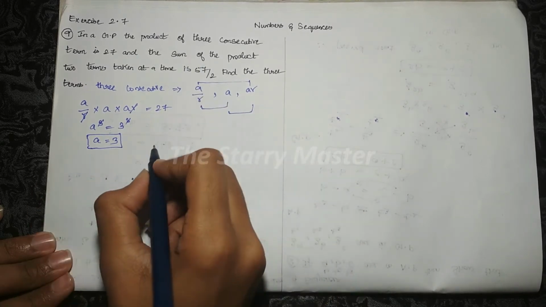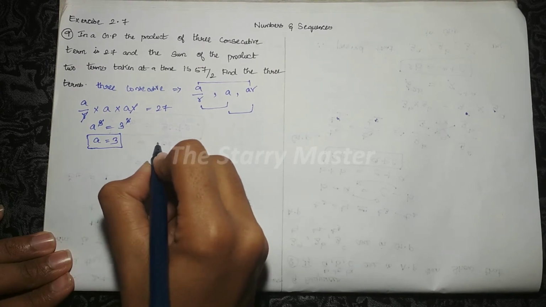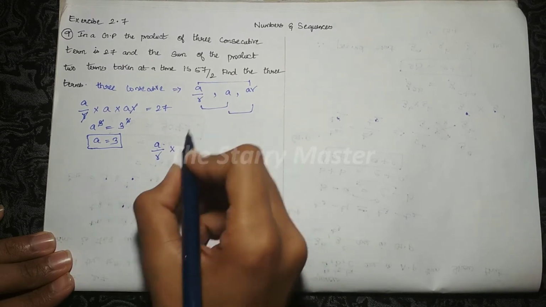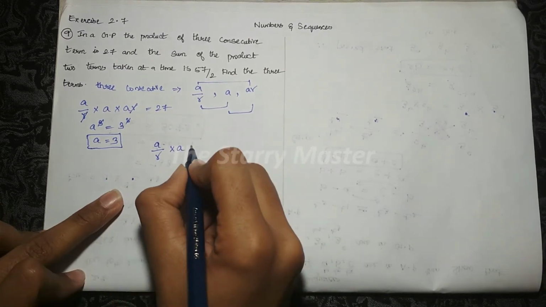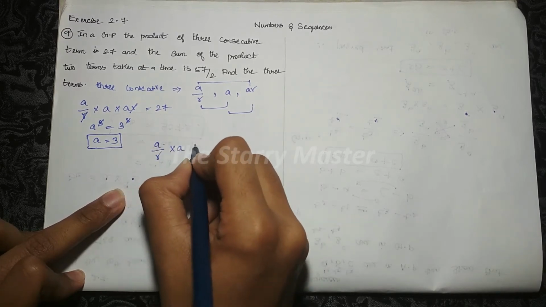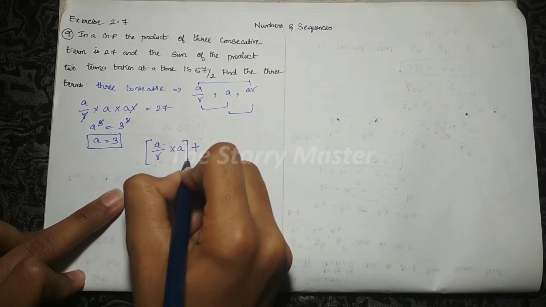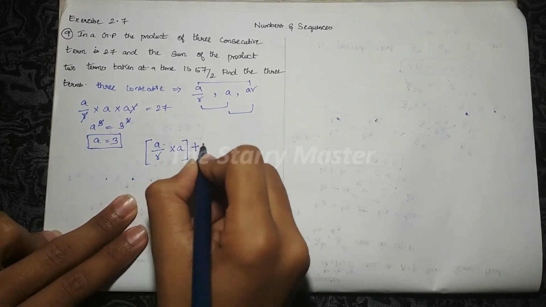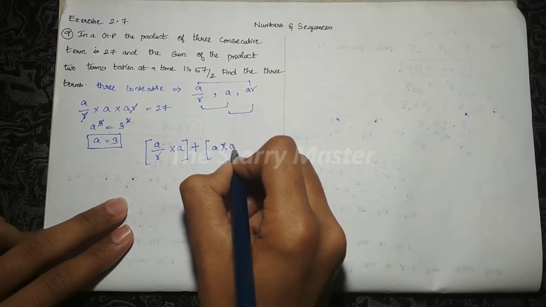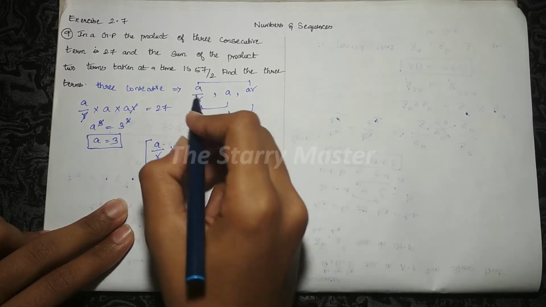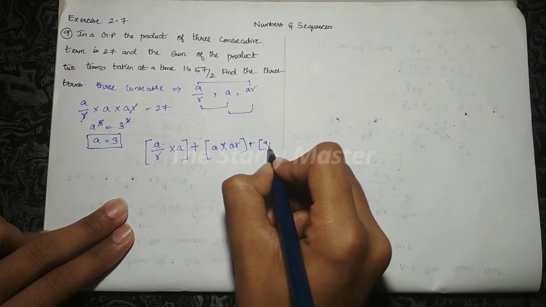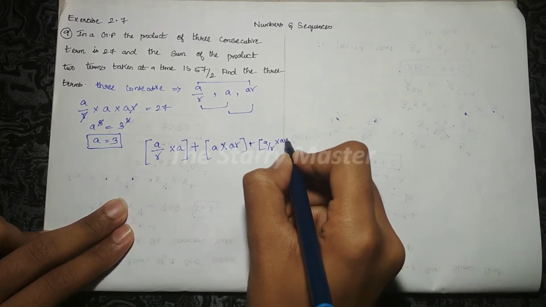That means a by r into a, the first two terms, plus the second two terms, a into ar, plus the first and third terms, a by r into ar.